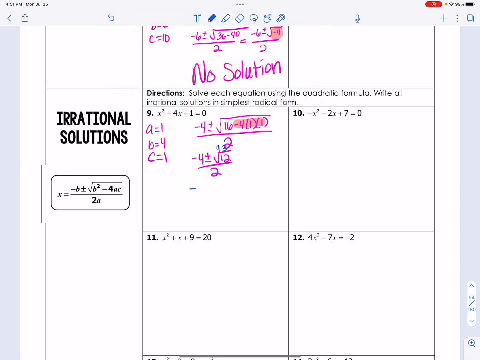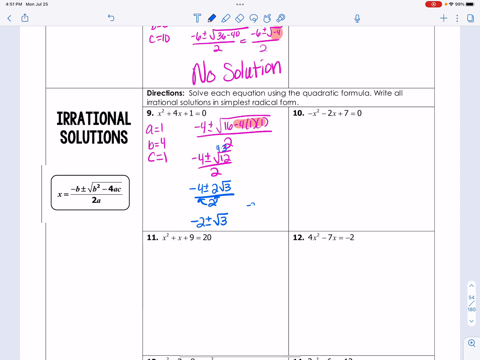So this becomes negative 4 plus or minus 2 root 3 over 2. Okay, so you have to look at simplifying that. So that 2 is now outside. So that would be negative 2 plus or minus the square root of 3. This is actually two answers.